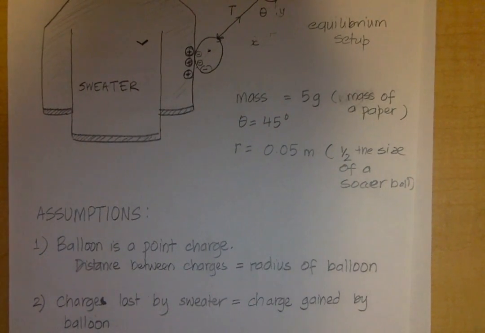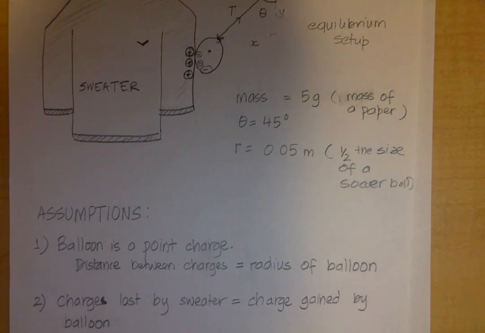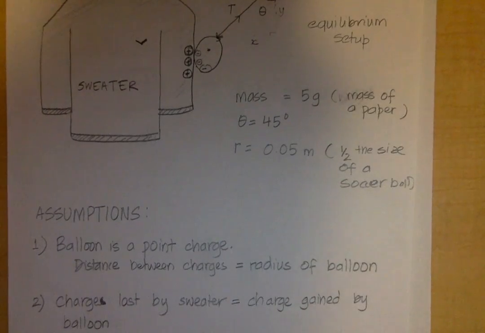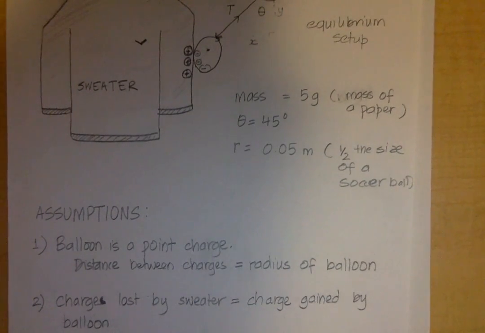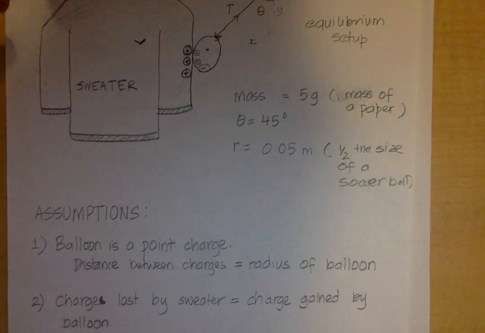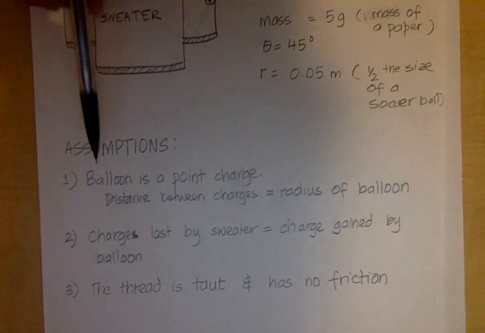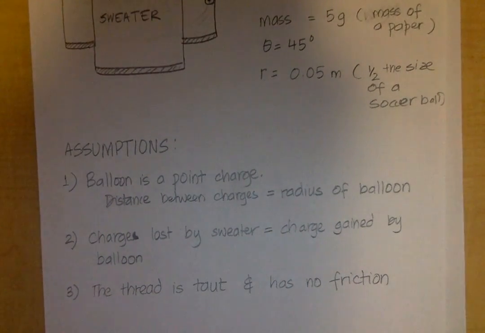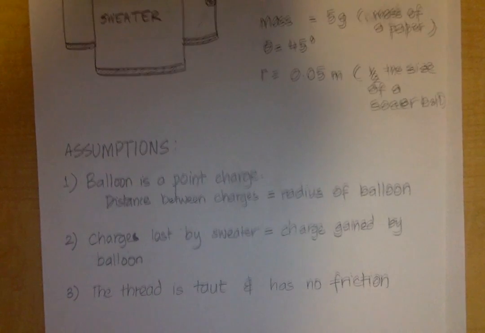The reason I took this number was I estimated the radius of the balloon to be half the size of a soccer ball, which is around 22 centimeters, and estimating this inflated balloon to be half of that is pretty reasonable. Another main assumption I'm making is that the balloon is a point charge, so all the negative charge is centered around the center of the balloon.